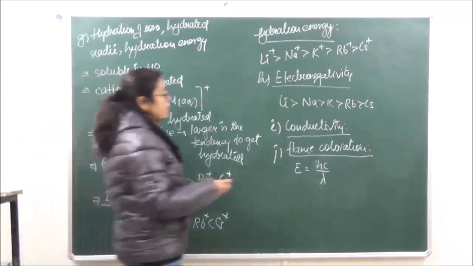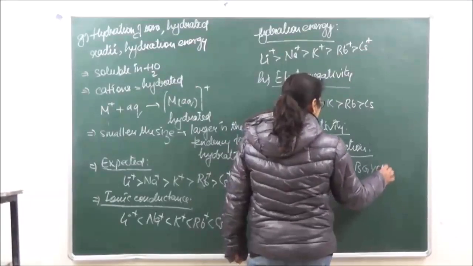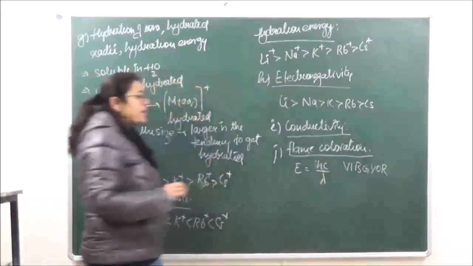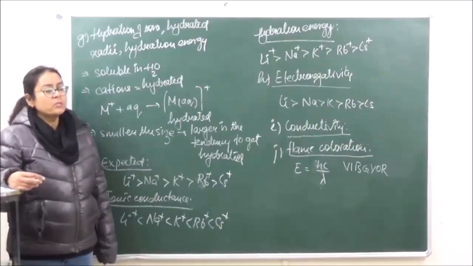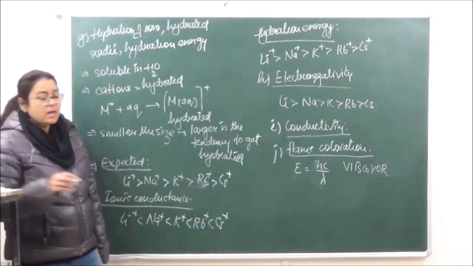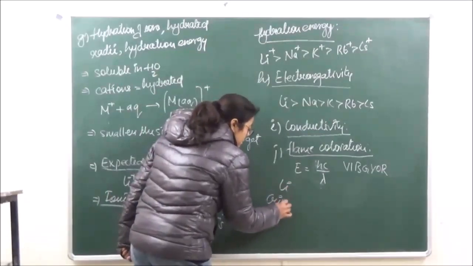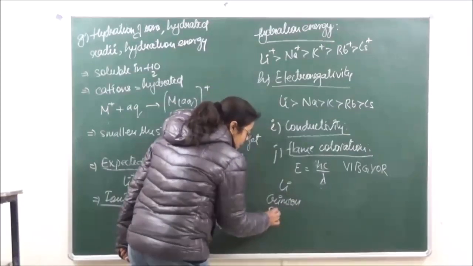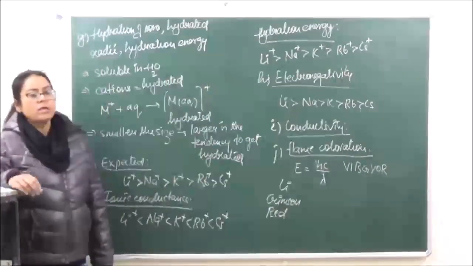So we are looking at VIBGYOR over here. Because lithium has a very high value of ionization energy, its lambda is going to be small. Therefore, it gives a crimson red color to the flame.